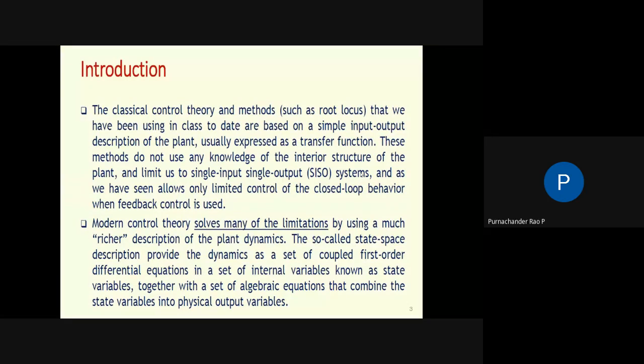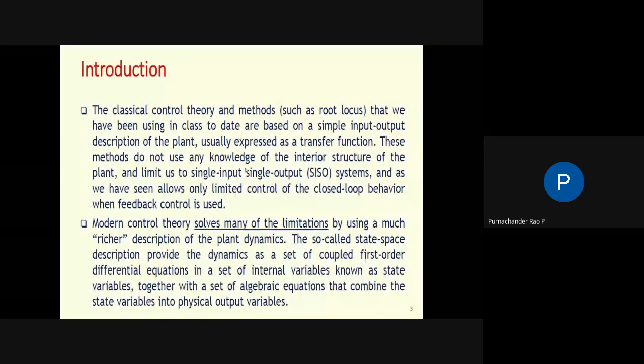Also, the classical control theory is useful only for linear time invariant systems. For time variant systems, these methods cannot be useful. And that's why we are going for the state space analysis.